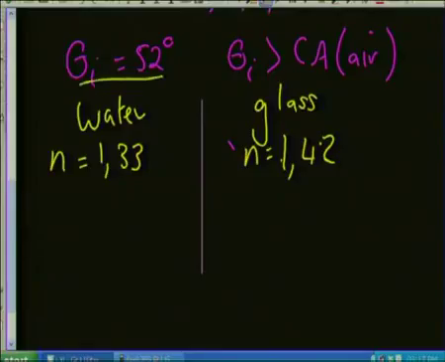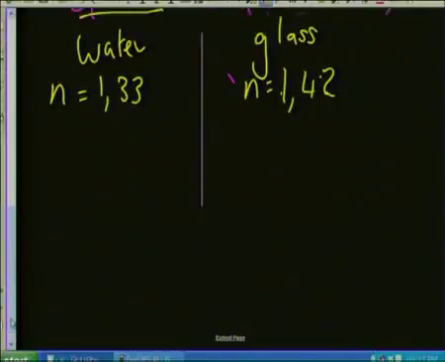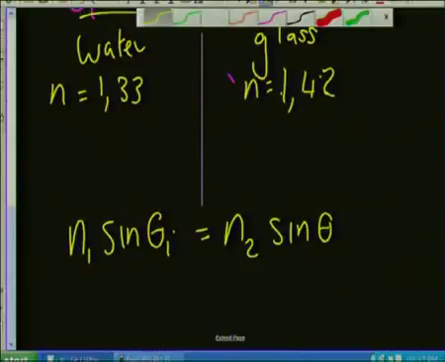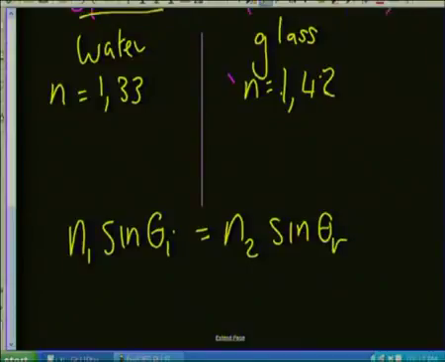Well, guys, there are a number of ways of solving this. But the easiest way is simply to apply Snell's law. If the angle of incidence is 52 degrees, let's apply Snell's law. We're going to say n1 sine theta i is equal to n2 sine theta r. Let's see what we're expecting.